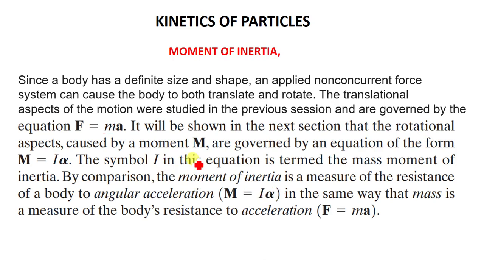And you remember how we defined mass: it's a measure of the resistance of the body to translation or linear acceleration. In the same way, mass is the measure of the body's resistance to acceleration, which is just translation acceleration.